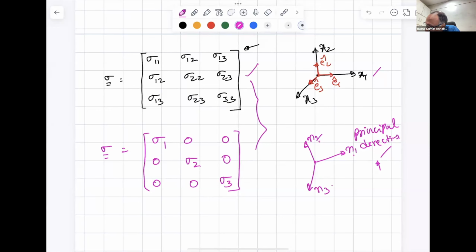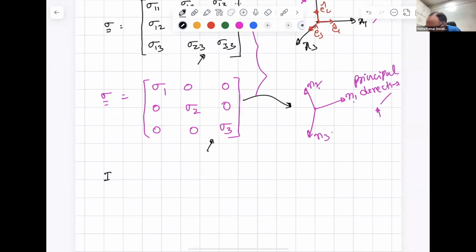This one is represented with respect to this frame of reference, and that one with respect to the other frame of reference. When we write in different frames of reference, the elements that go into the tensor will be different, but the invariants remain the same. That means I1 with respect to the first one will be sigma 11 plus sigma 22 plus sigma 33. That should remain the same even for the second one.